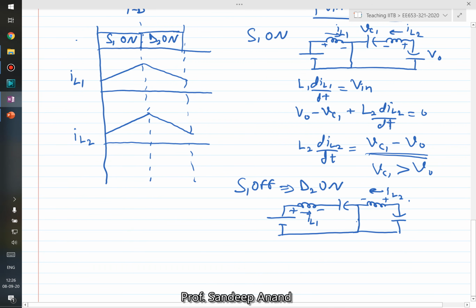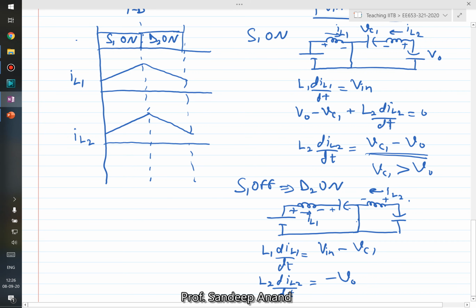If you want, we can write here, for example, this is plus minus, we can say that L1 dIL1 by dt is given by Vin minus VC1. VC1 is more than Vin, so therefore this is negative. Similarly, L2 dIL2 by dt is given by minus VO, which is also negative.